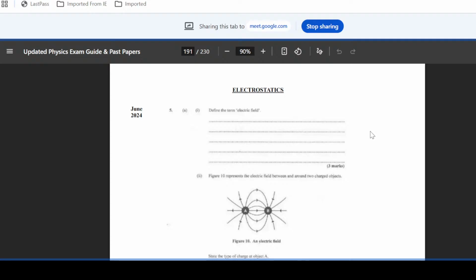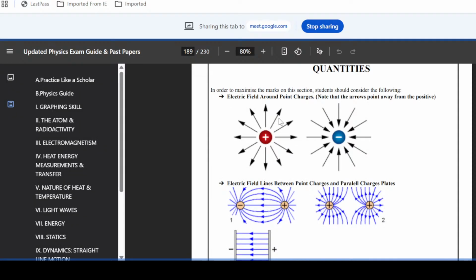That's basically what the lines tell you. It shows you the direction of a positive point charge, or how a positive charge will move.